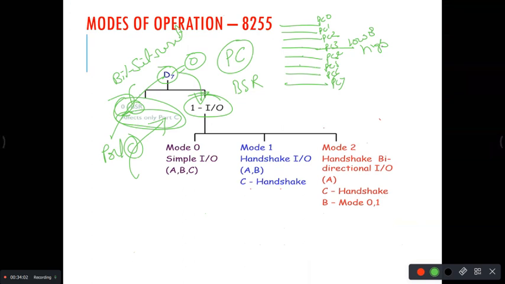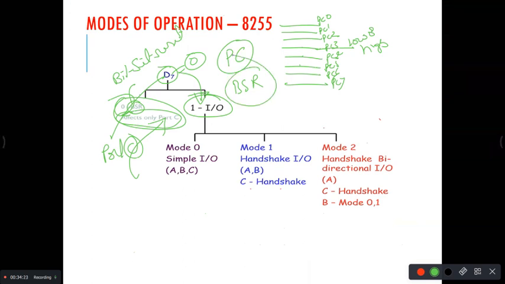I don't want to touch anything. I want to do only port C3. So I will either send 1 or 0 to port C only. In such cases, you have to configure your 8255 in bit set reset mode.